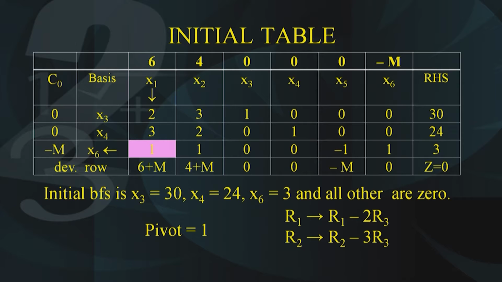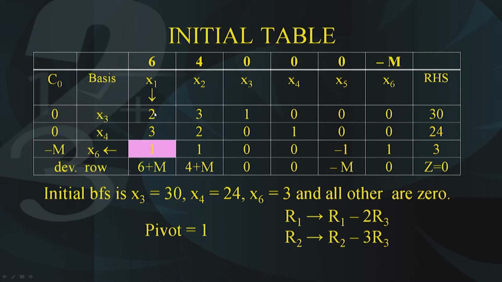Now, since we want to make x1 enter the basis, we need to convert this column to 0, 0 and 1. And how are we going to do that?